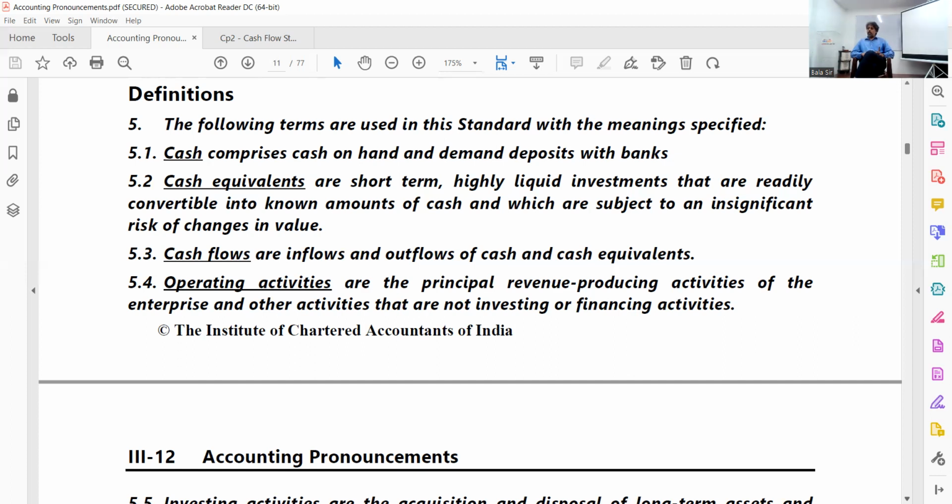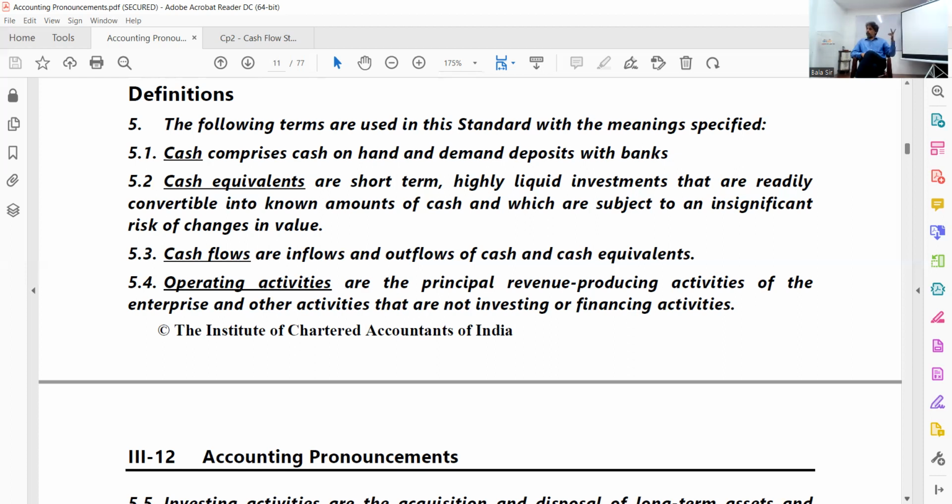And remember, when I say purchase, it also includes what? It need not always be a purchase, it can be an acquisition. It can be even construction. Or you spending money on R&D, research and development, right? So purchase includes even construction.